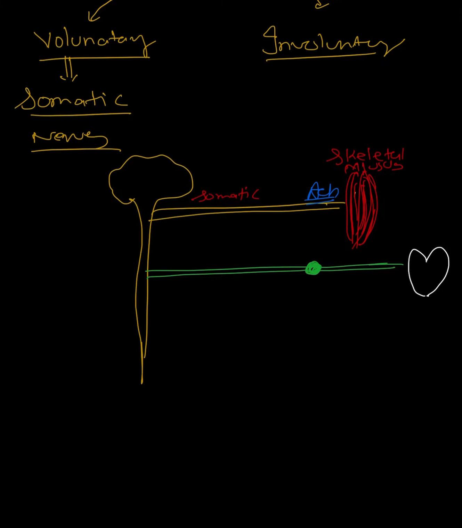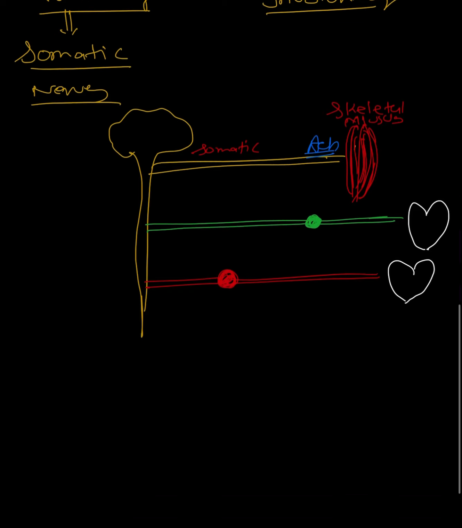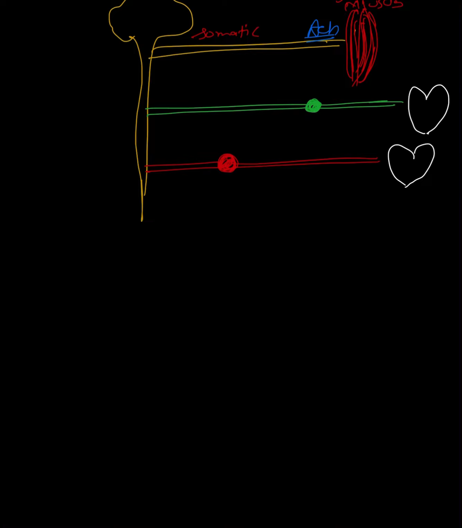Then the second type has the ganglion present towards the CNS, and they also supply the visceral organs. Now these two differ in neurotransmitter: in one it is acetylcholine, and in the other it is noradrenaline or adrenaline.